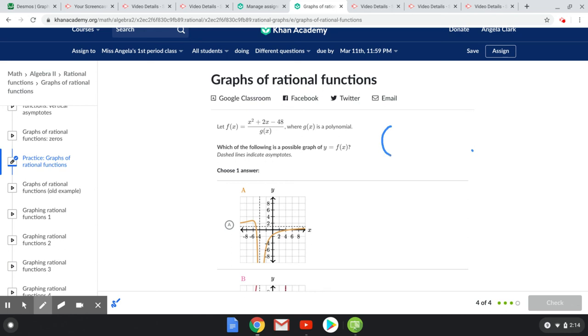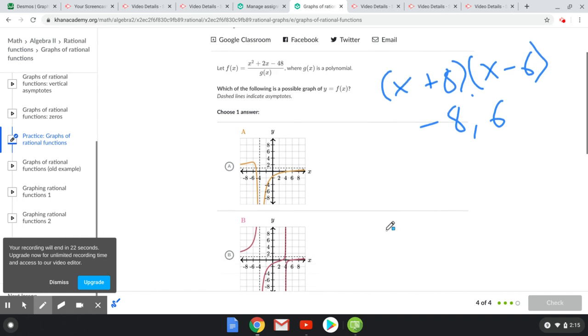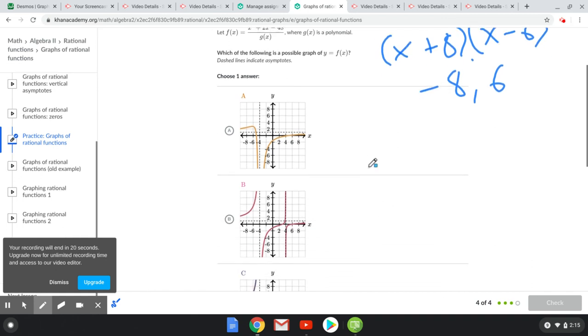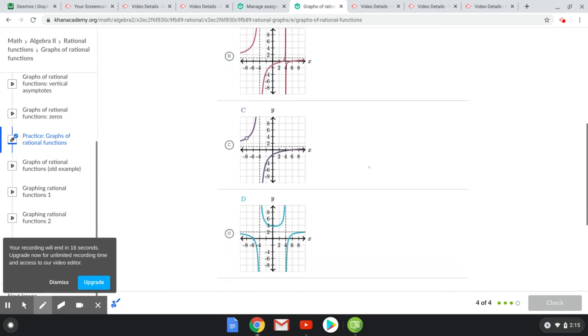So that's going to be x plus 8, x minus 6, multiplies to -48, adds to +2. So our x-intercepts are going to be at -8, +6. Alternatively, they could be holes, so make sure you're looking for that. So looking for -8 and +6.